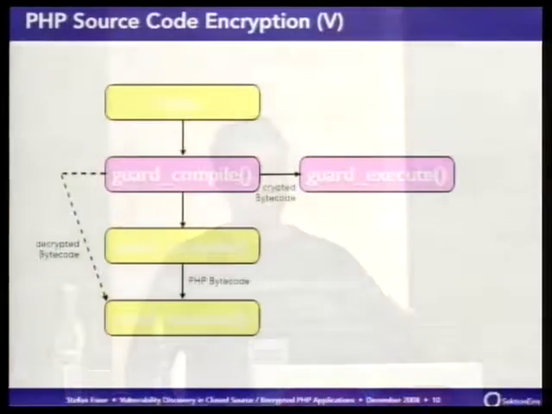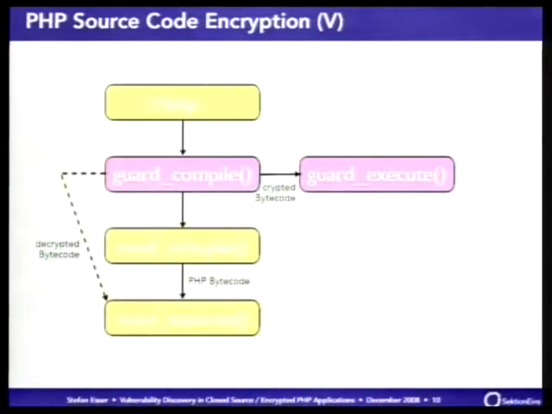With old cryptors, this was everything that was done. Sorry, the compiler gives the original source code to the original compiler when it's not encrypted. But when it's encrypted, it decrypts it and executes it. With older encryptors, this execution was done by passing the decrypted bytecode directly to the PHP executor.